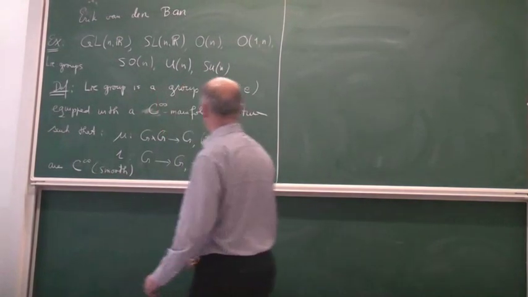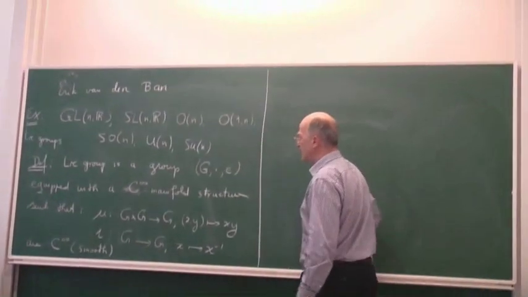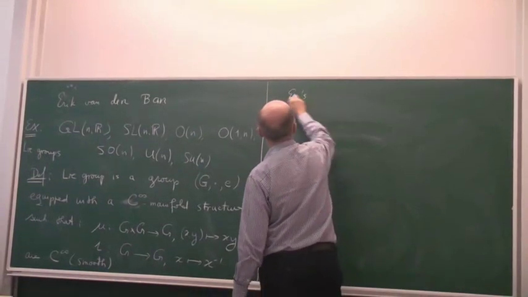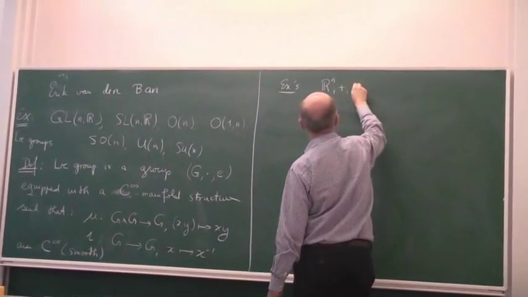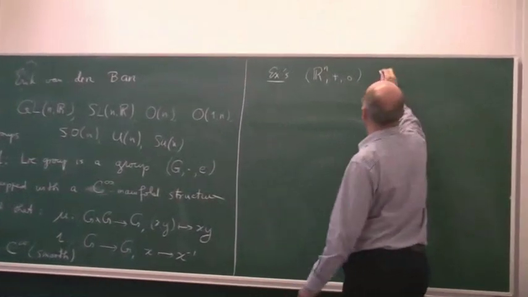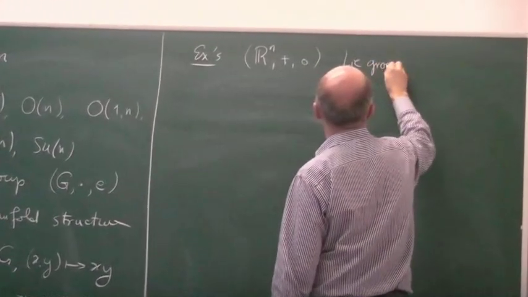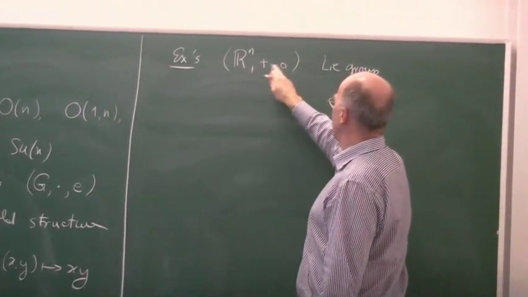Okay, let's list some other examples that are more clear immediately. If we look at R^n together with addition and 0, then this is an example of a Lie group. Why did I use plus and 0 here?